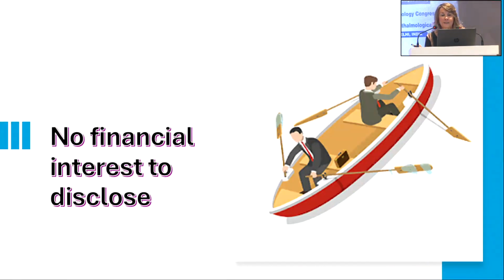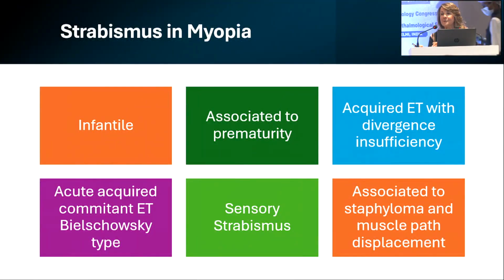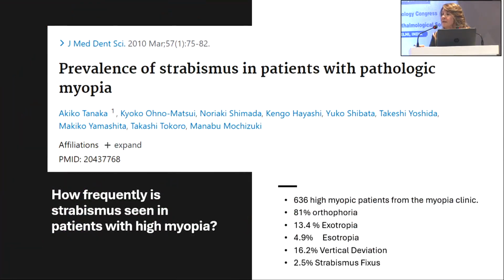But actually, and I don't have financial interest to disclose, there are a wide amount of strabismus types that can be seen in patients with myopia that range from infantile, associated to prematurity, acquired esotropia with divergence insufficiency, the acute acquired comitant esotropia, Bielchowski type that was already mentioned this morning, sensory strabismus, and of course the one we just talked about in the previous session, the one associated to staphyloma and muscle path displacement.